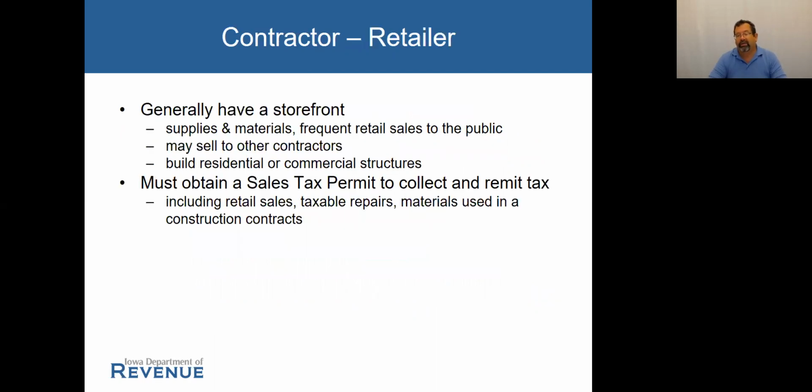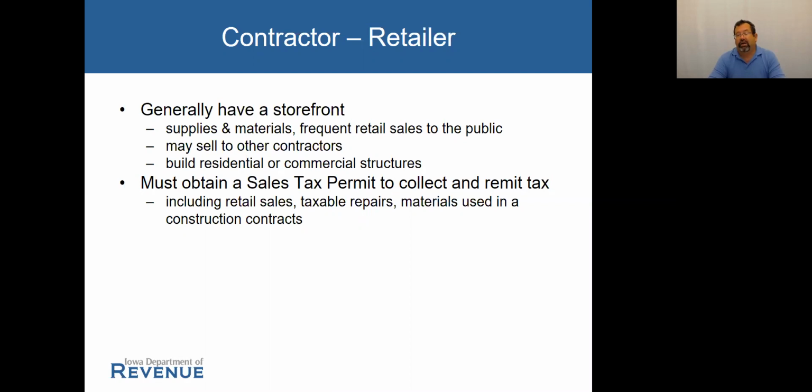Another type is a contractor retailer. A contractor retailer generally has a storefront and makes frequent sales to the public of supplies and materials. A contractor retailer may also sell directly to other contractors, but could also build residential or commercial structures.